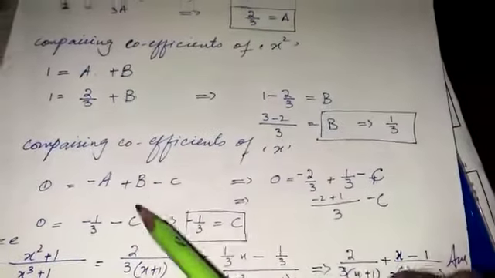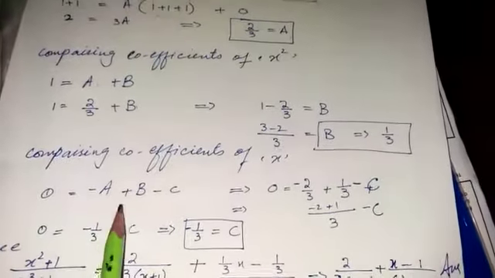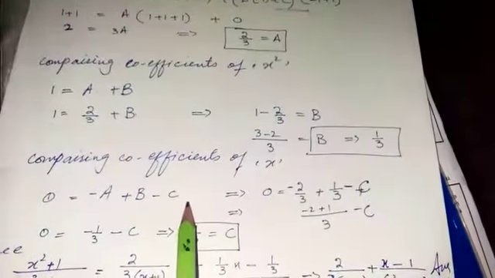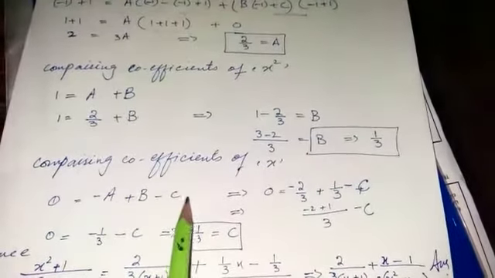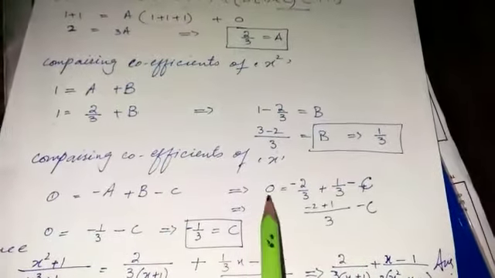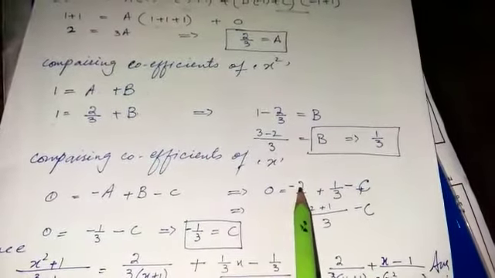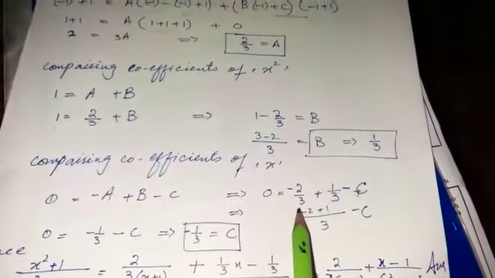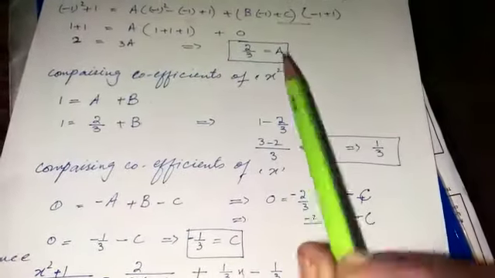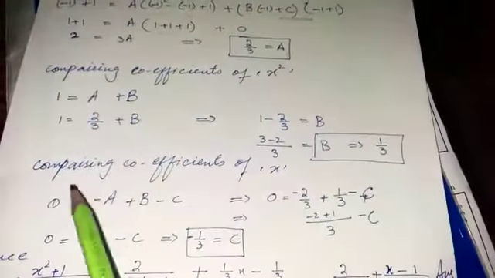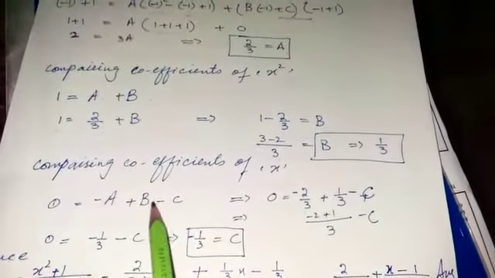Now comparing the coefficients of x, we get 0 equals minus a plus b plus c. These are the coefficients of x. 0 equals minus 2 by 3, since 2 by 3 is the value of a and the minus is in the equation.